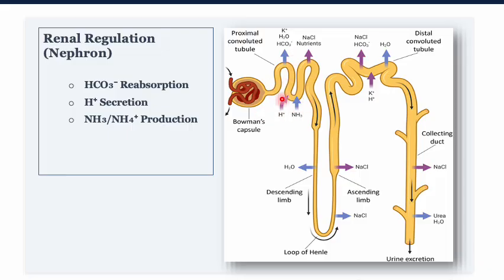And the reason it's secreted in is because the kidneys are trying to push that acid out, or are trying to correct the excess hydrogen. You also have reabsorption, some in the distal convoluted tubules, as well as more secretion, meaning the hydrogen goes into the tubules in order to be excreted out.